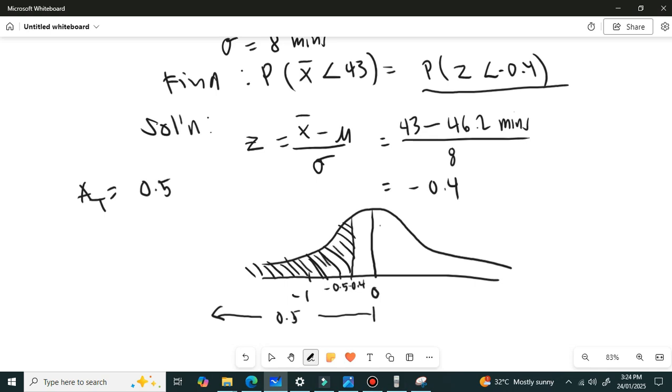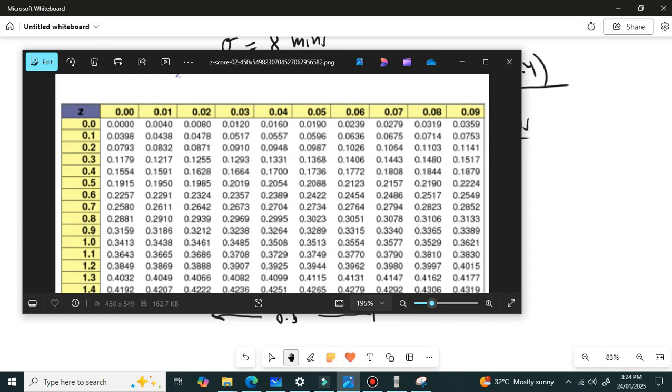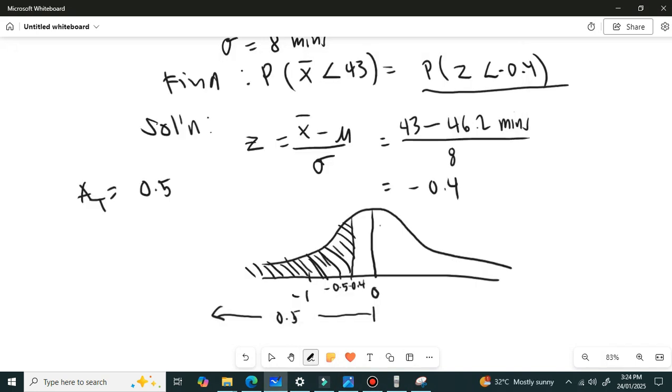So we are going to subtract the area from 0 to 0.4 that we found earlier in our table, which is 0.4 and 0.00. That is 0.1554. So 0.5 minus this area will give us this area.